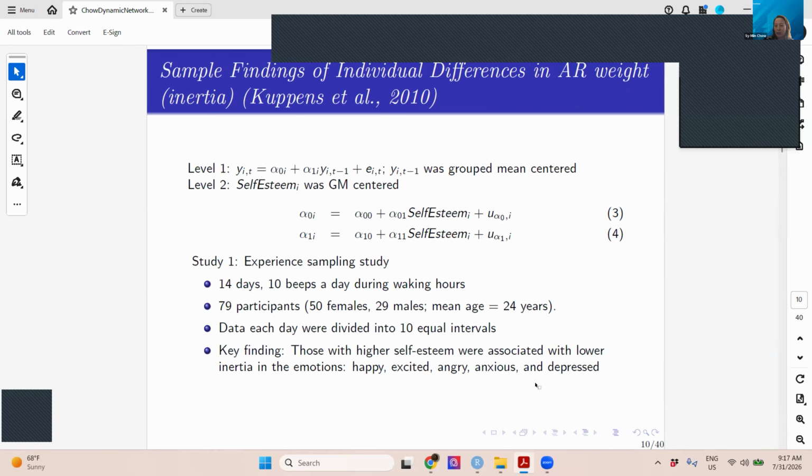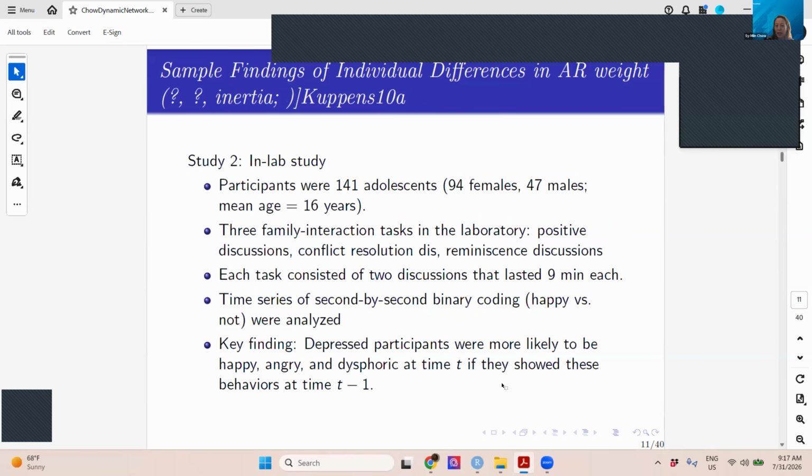On positive emotions. In contrast, depressed participants were more likely to be happy, angry, and dysphoric at time t, meaning that their inertia is positive, right? So inertia tends to be of interest from an emotional health standpoint.